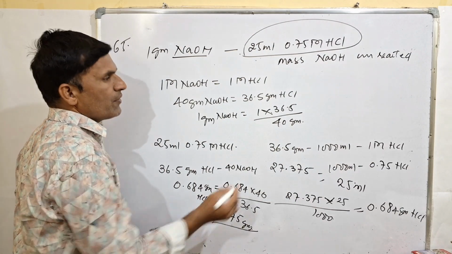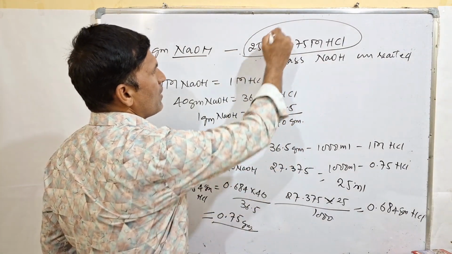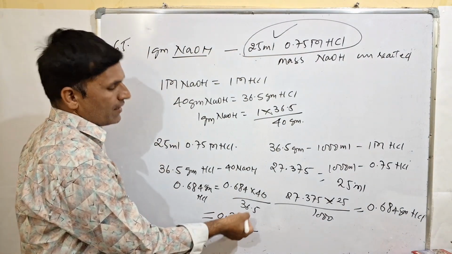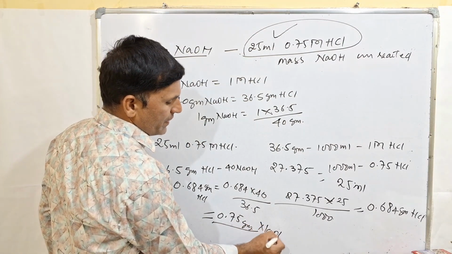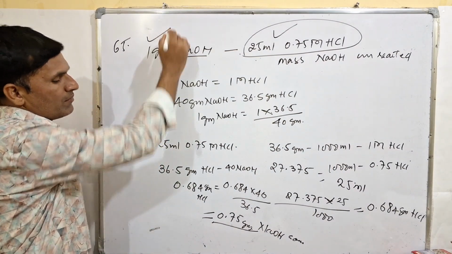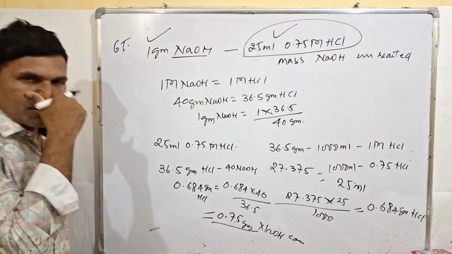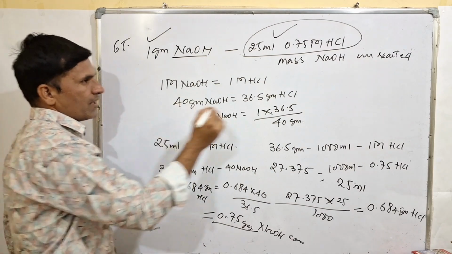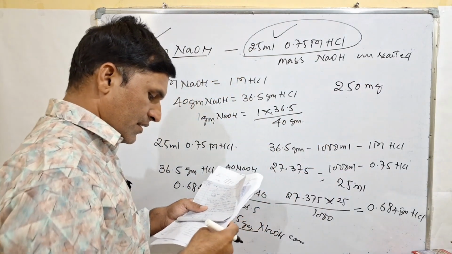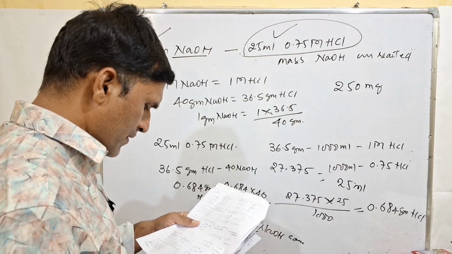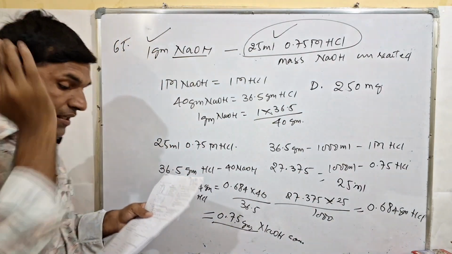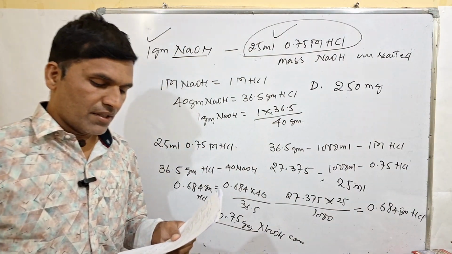It means if you add 25 ml of 0.75 molar HCl, then 0.75 grams of NaOH is consumed. We are taking 1 gram, and if you subtract this, you get 250 milligram. In your question paper, the option given is D, 250 milligram.